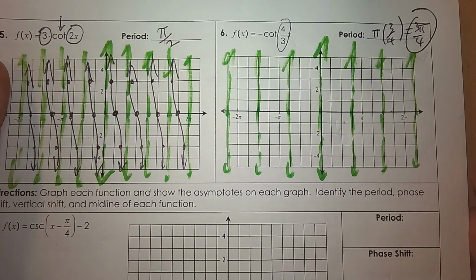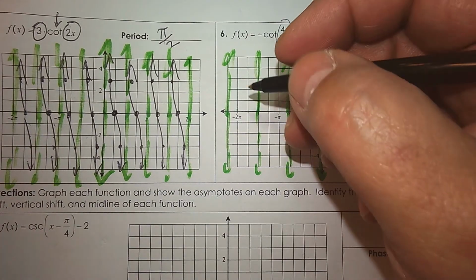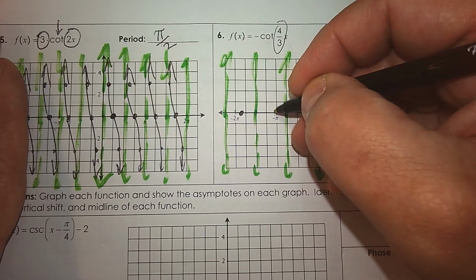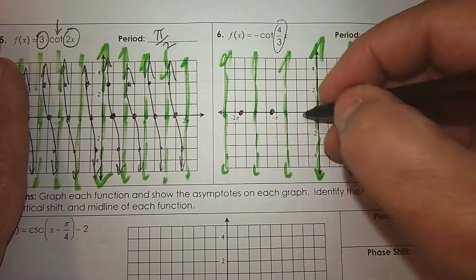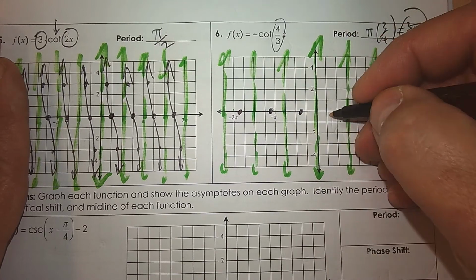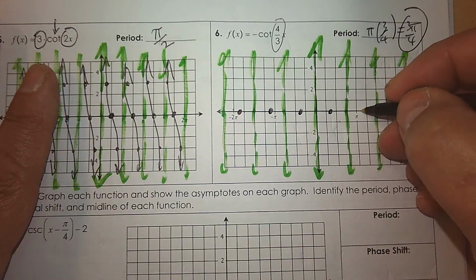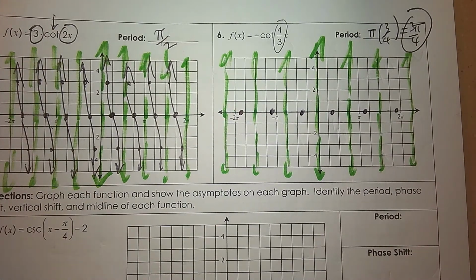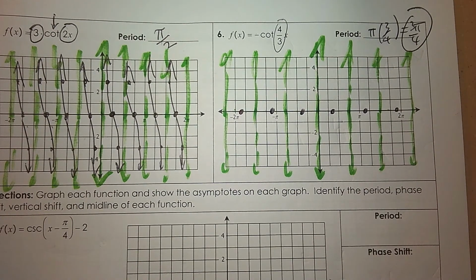In the middle between them, in the middle of the middle box, will be a point of inflection, like 1.5, right? In the middle.